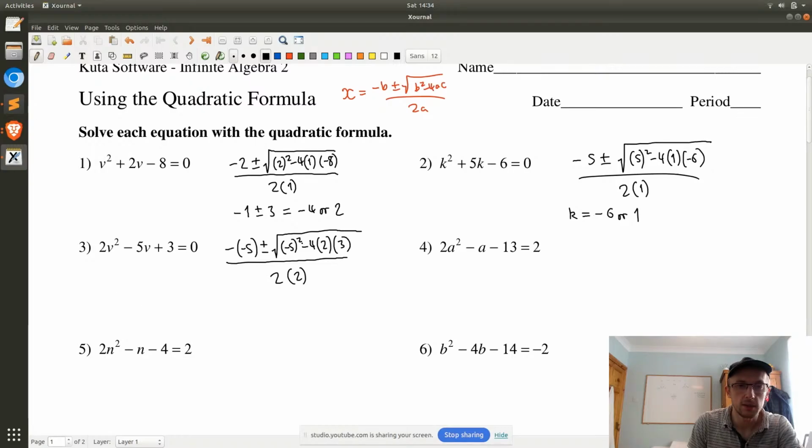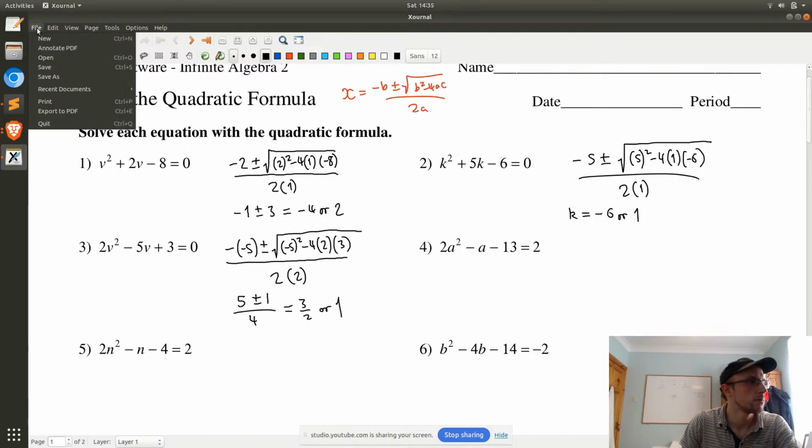And underneath here we've got 25, take away 24, so it's plus or minus 1 when we square root it, and that there is 5. So 5 plus or minus 1, and then all of that is being divided by 4. Okay? So 5 add 1 divided by 4 is 6 over 4, which is 3 over 2. And 5 take 1 all over 4 is 4 over 4, which is 1.